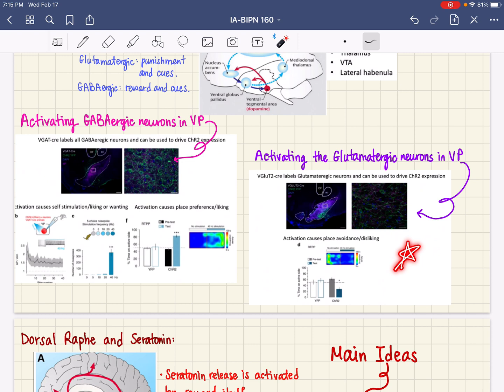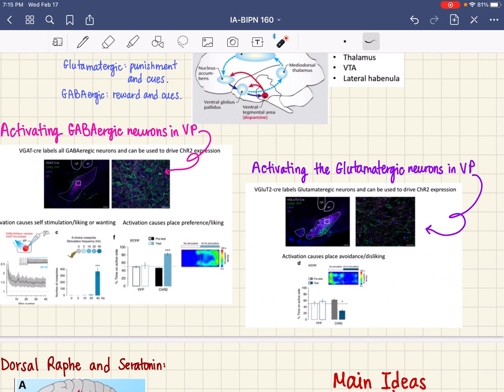Over here on the right, this experiment talked about the glutamatergic neurons in the VP. And here they used another gene of possibly a protein, or yeah, it's probably a protein. And they attached Cre to it. And then as you remember, when Cre is expressed, then it can remove a stop codon by using the LOXP site.